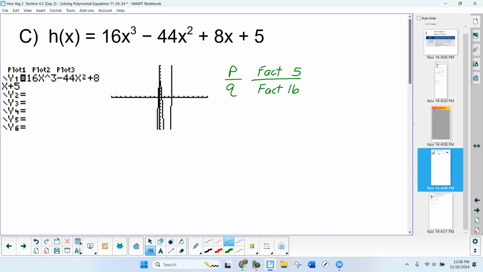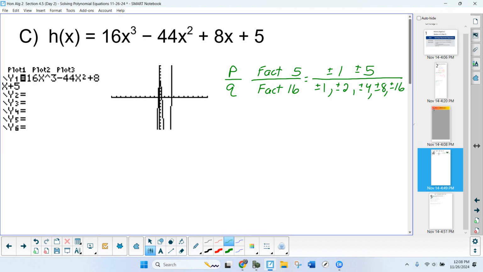What are the only factors of 5? 1 and 5. What are the factors of 16? Well, you have 1 and 16. You have 2 and 8. Does 3 go in there? No. 4 and 4. Okay. Are you guys good there?